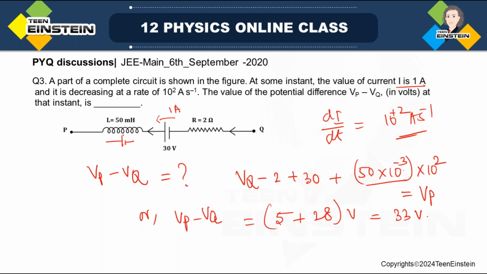This side current is flowing in this way, so you can take this as a positive source. So in that way, all this will add up to Vp. So this is how we can solve this kind of problem.